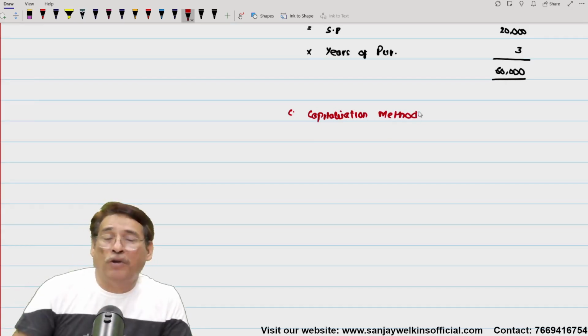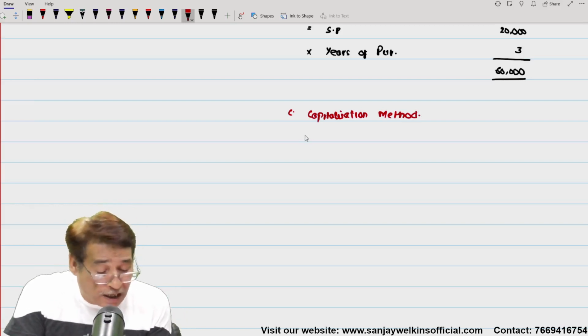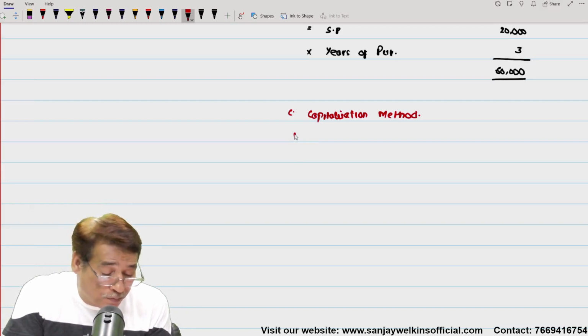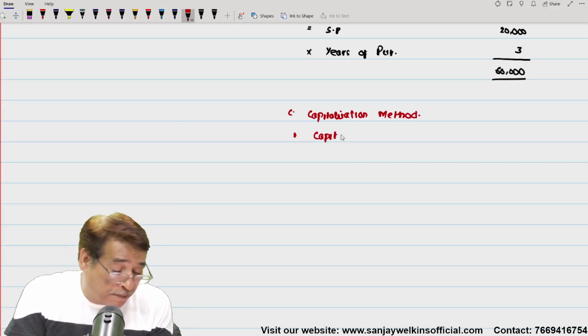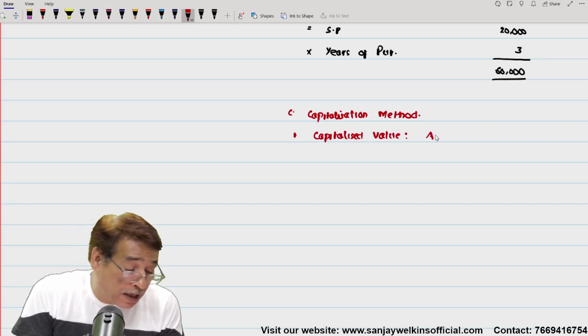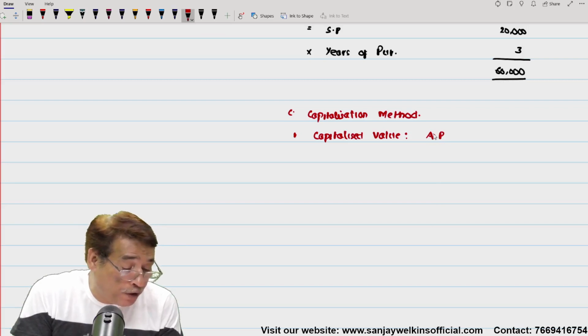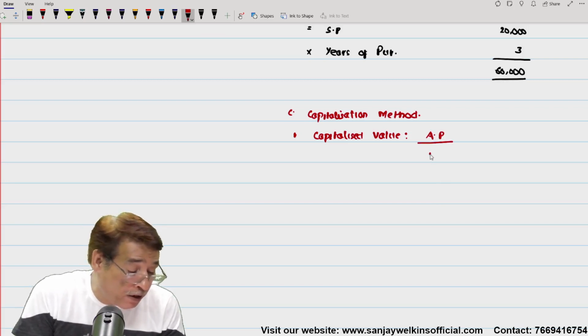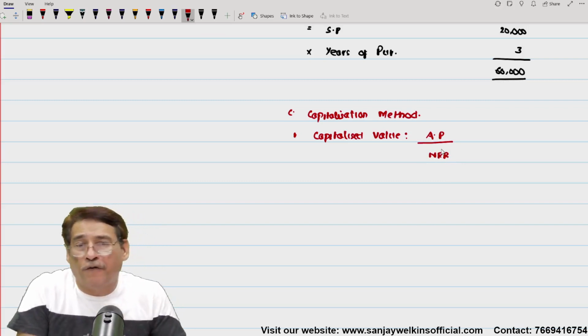Under the capitalization method, how do we compute the amount of goodwill? First of all, I need to compute the capitalized value. Normally, the formula for computing capitalized value is actual profit or average profit divided by normal rate of return.